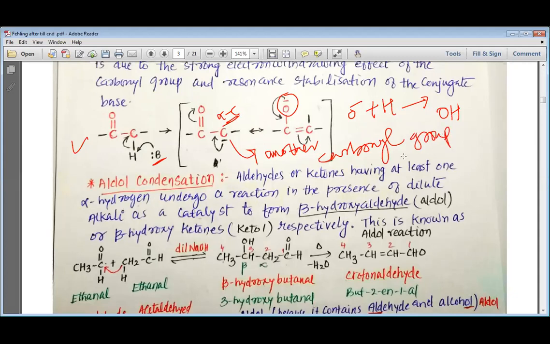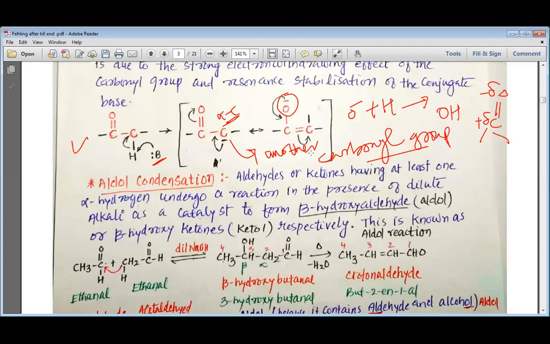This carbon which is an alpha carbon can attack on the carbonyl group as a nucleophile, and the other carbonyl compound, which may have slightly positive charge on carbon and slightly negative charge on oxygen due to the difference in their electronegativity, easily gets this reaction done.